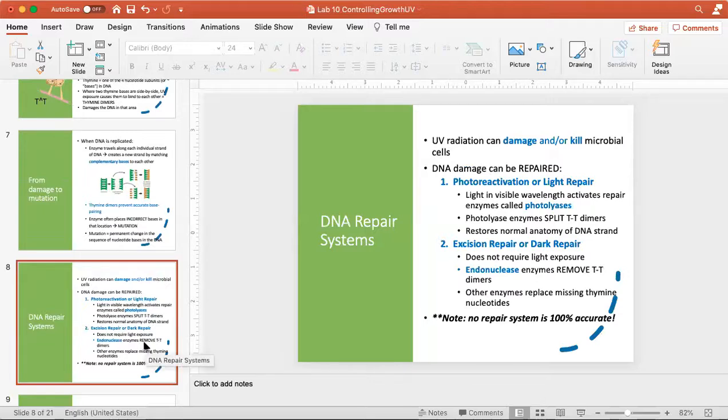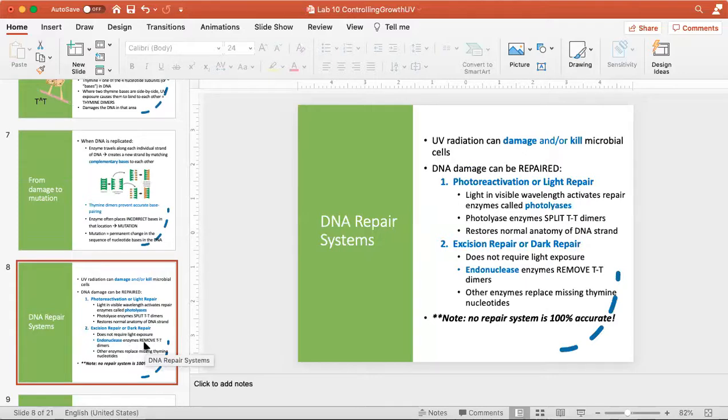So ultraviolet radiation can damage and or kill microbial cells. But we can't forget that thing I mentioned at the beginning of class today, and that is that living cells have evolved DNA repair mechanisms. Most of the damage that happens in your skin when you get exposed to the sun gets repaired.